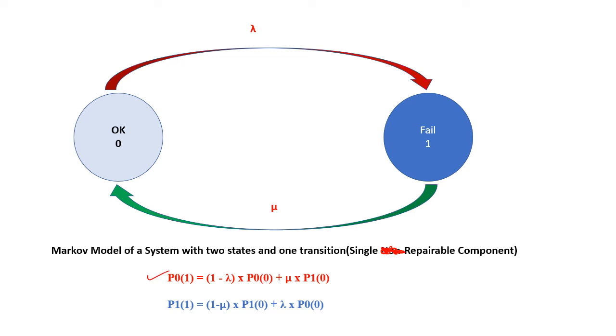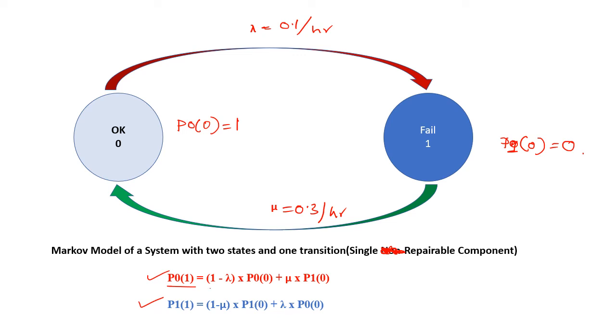Now, again these probabilities are given by p0 equal to 1. So initially p0 at 0 is equal to 1, and p1 at 0 is 0. Now what will happen after one hour? Suppose lambda is 0.1 per hour, and suppose mu is 0.03 per hour, right? After 1 hour, some components will go into the failure state.